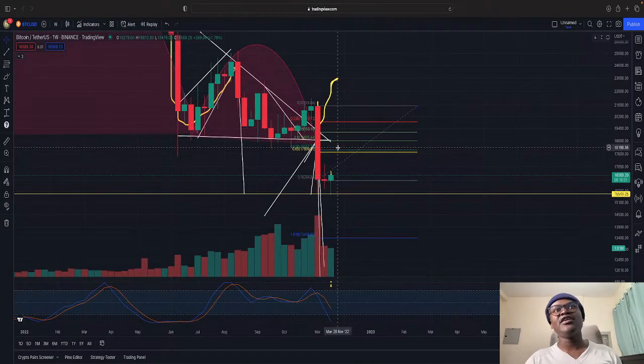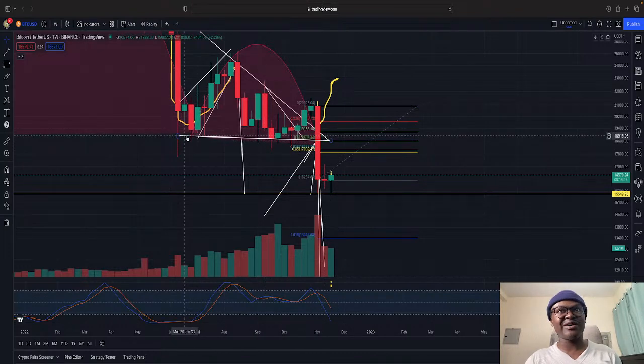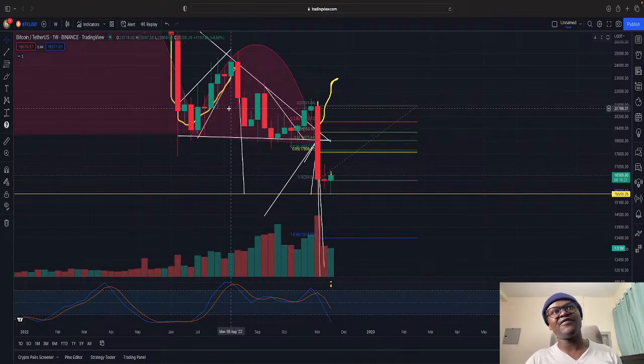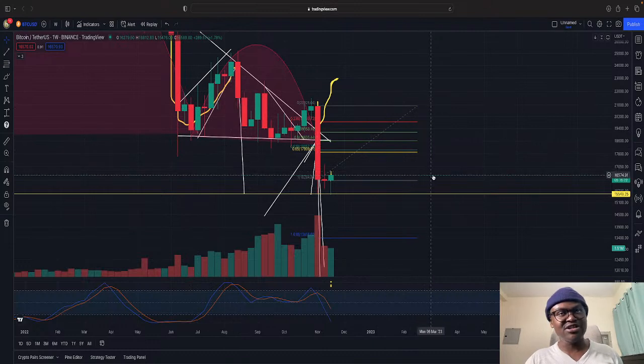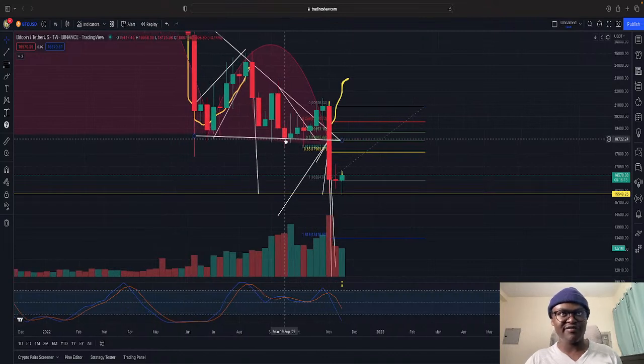Note something here: 50% of this candle, it's just by some miracle, is it really a miracle or something, the support of the descending triangle. So this is a very strong zone of resistance that we see here.